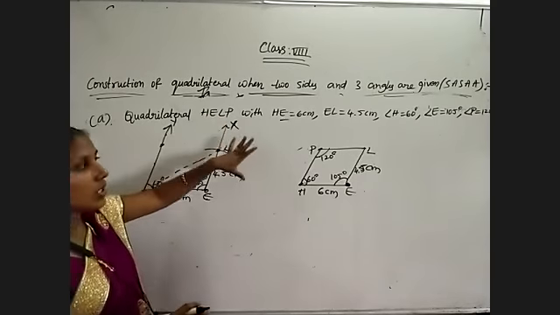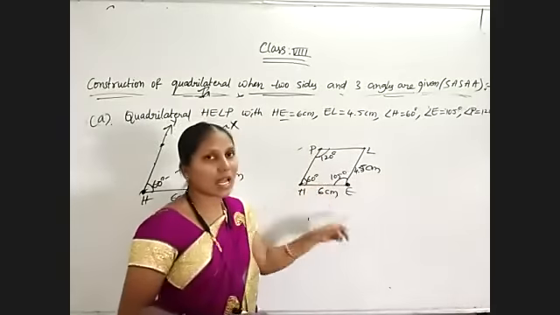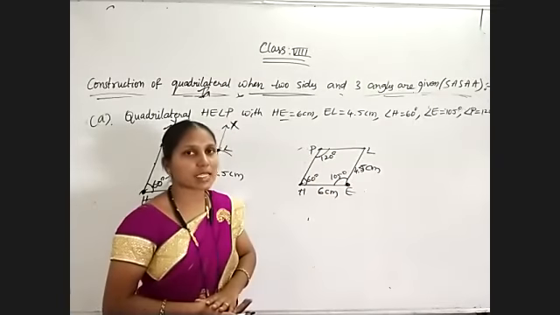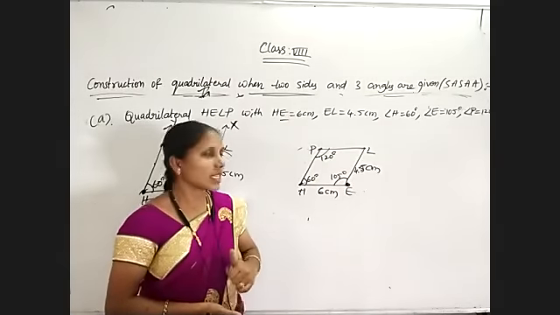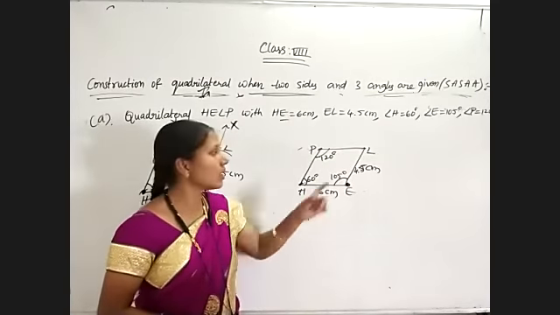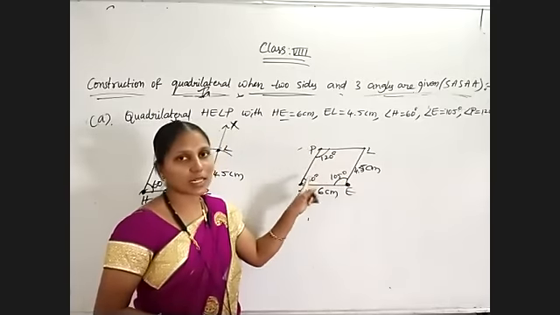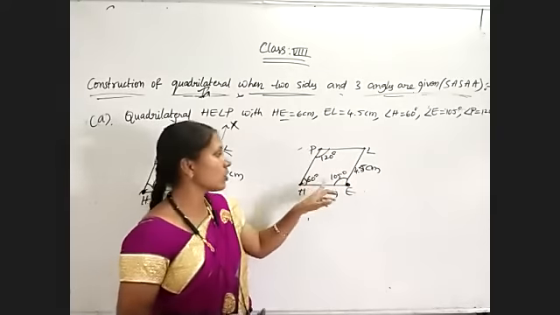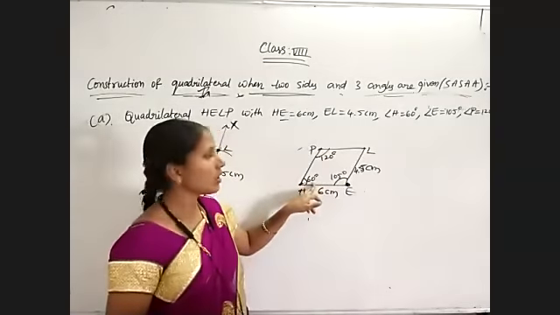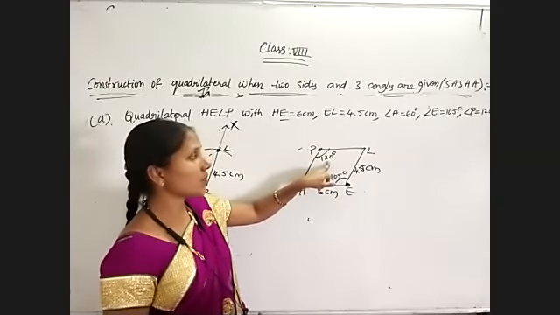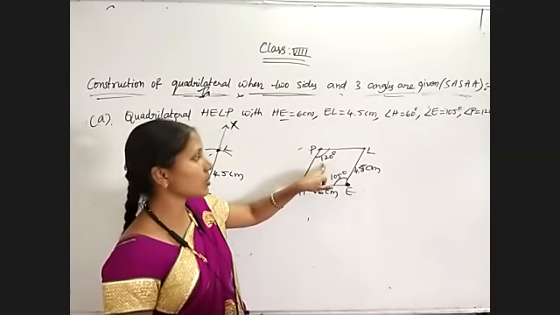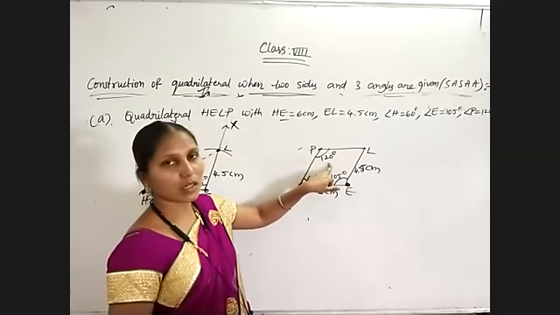Because it is a quadrilateral, use the angle sum property of the quadrilateral. What is the angle sum property? The sum of the 4 angles of a quadrilateral is equal to 360 degrees. So 105 plus 60 is 165. 165 plus 120 is 285, completely we got.